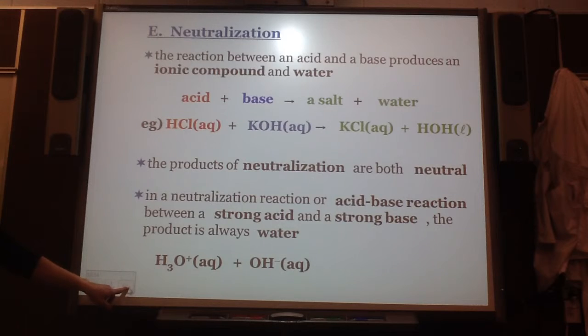What we actually have happening, now that we know about acids and what they really are, is H3O+ reacting with OH- and making 2 water molecules.